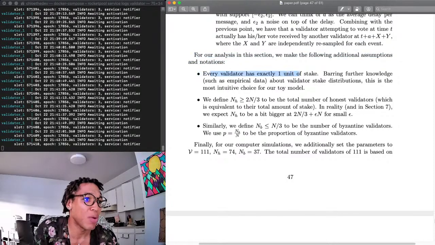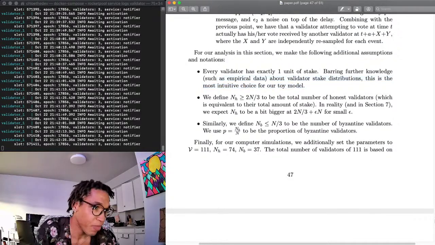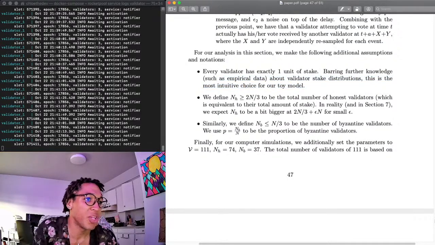For analysis in this section, we make the following additional assumptions and notations. Every validator has exactly 1 unit of stake. Borrowing further knowledge, such as empirical data about validator stake distributions, this is the most intuitive choice for our toy model. We define NH, greater than or equal to 2n/3, to be the total number of honest validators, which is equivalent to the total amount of stake.